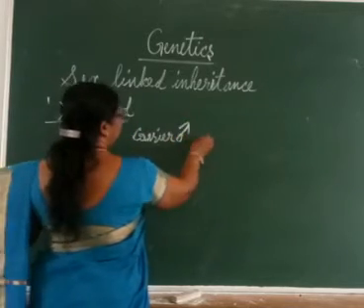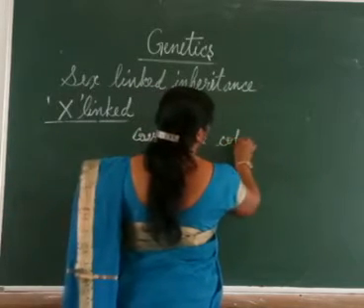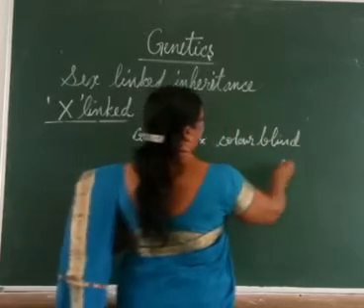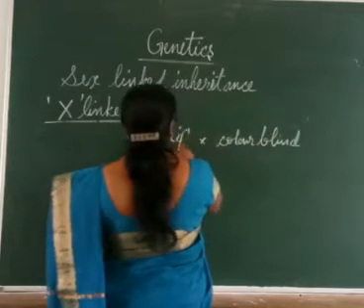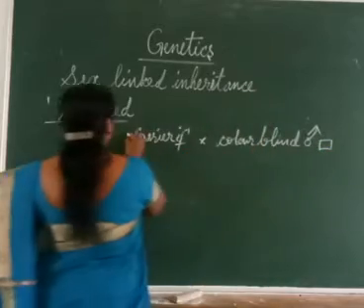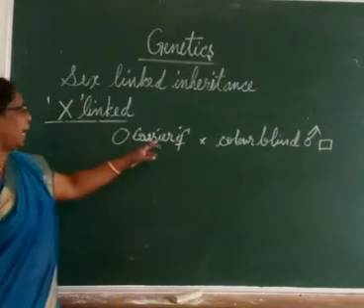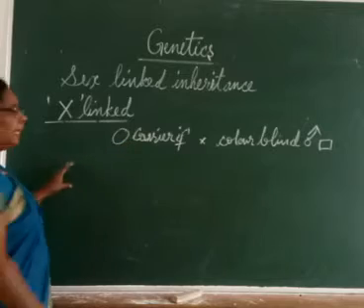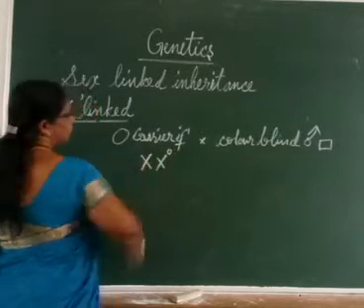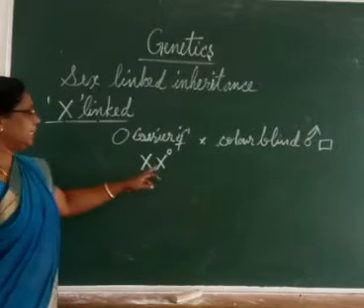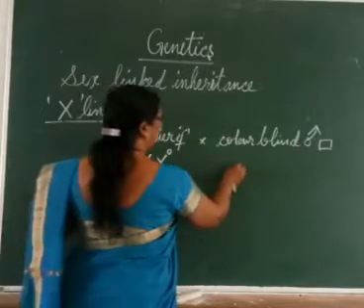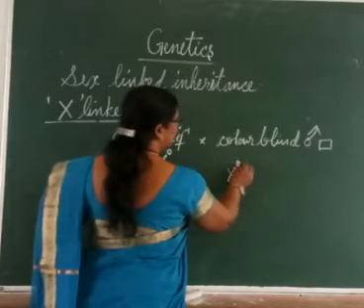Carrier female into, so carrier woman, you can see how it will be, X0. That is, she is a carrier only. A colorblind man, you can see how it will be, X0Y.